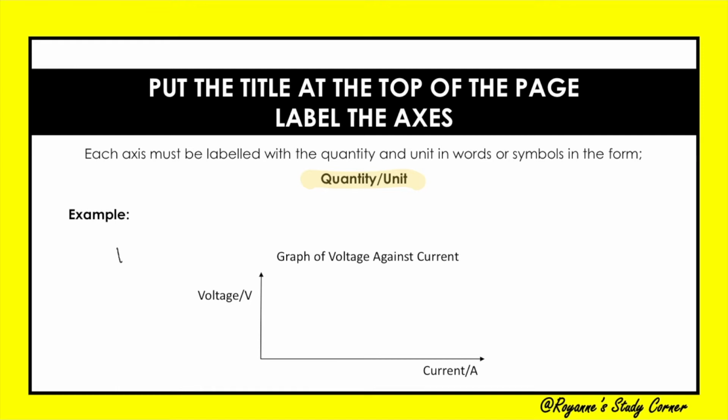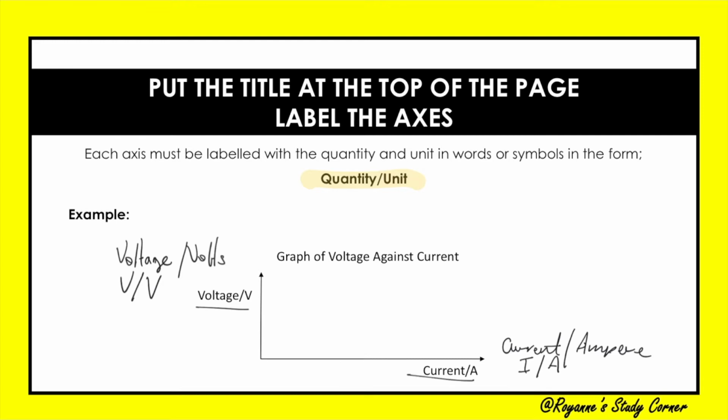So you can choose to put voltage / volts, or you can do it like this where we have a mixture of both. Or you could put current / ampere, or you can put current, and remember, if we think back to fundamental quantities and SI units, current is represented by I, so current / ampere, or we can do this kind of mix here.